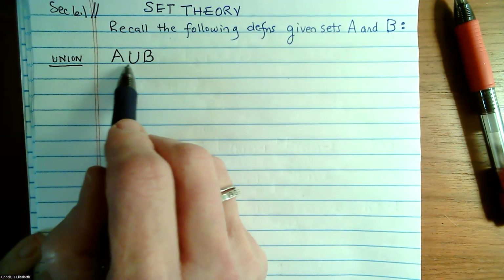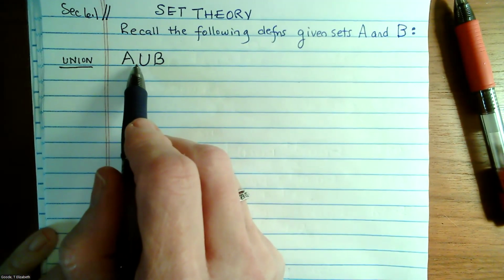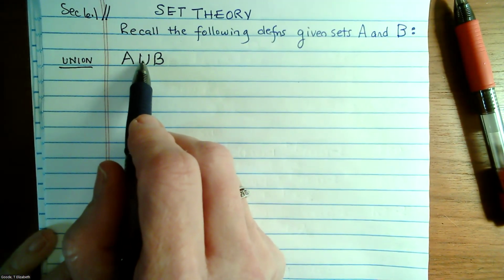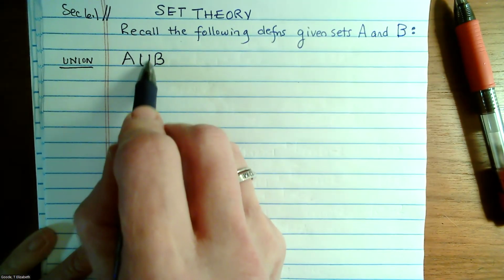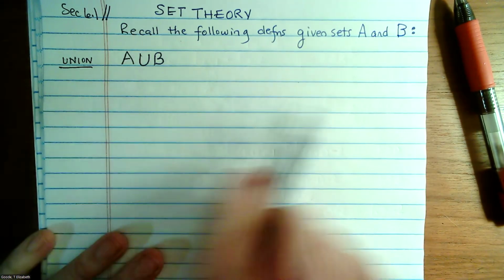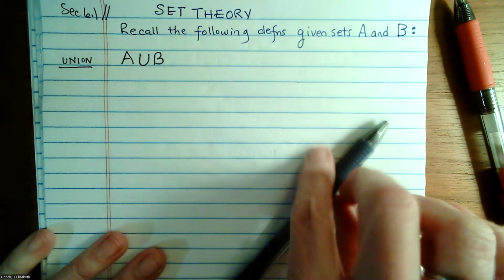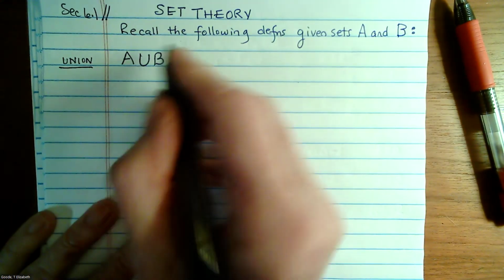By the way, you can relate set theory notation to statement notation. The union symbol, which looks like a U, also looks a lot like the OR symbol, which was pointy, right? The V. And this is the OR operator for sets.